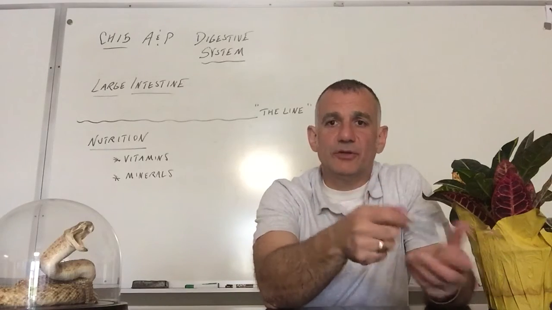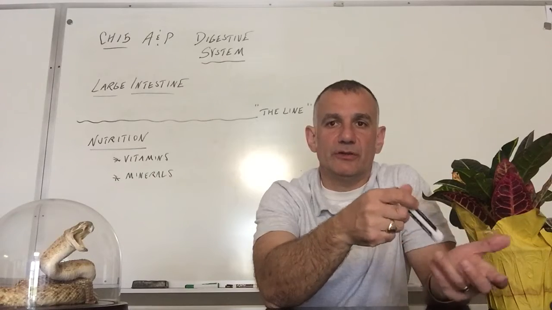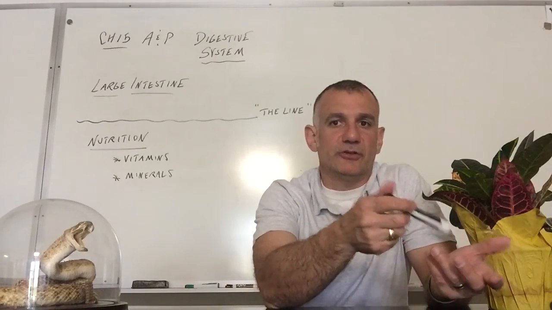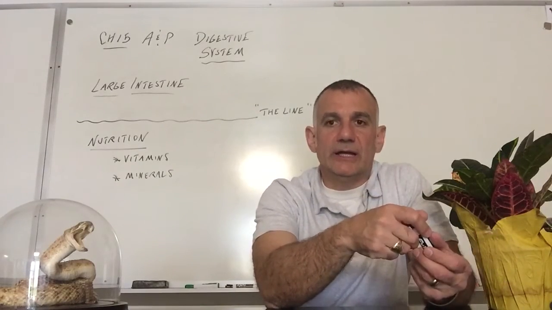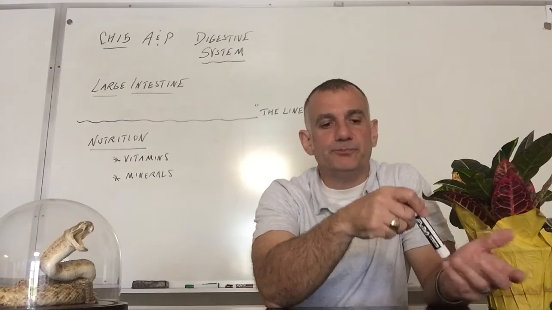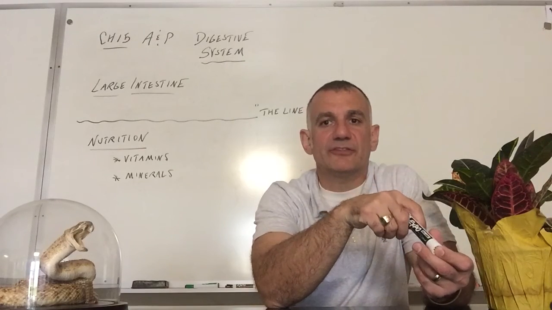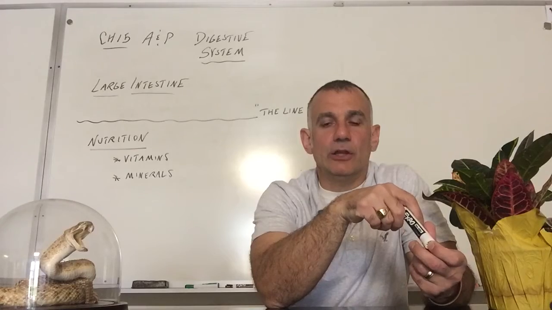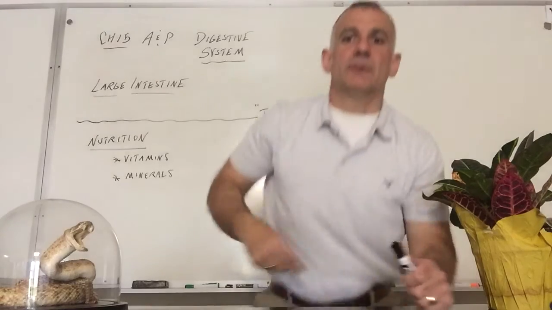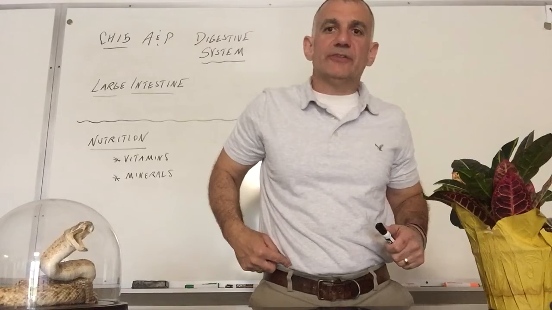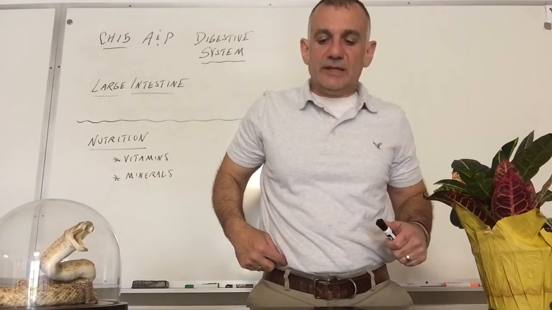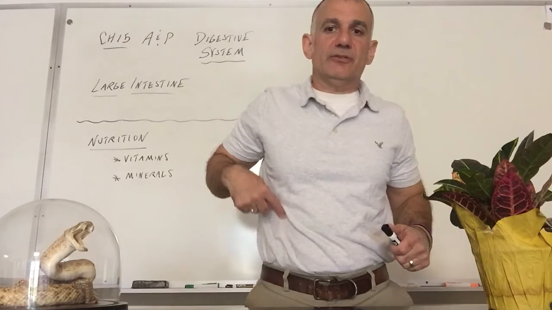Now, what's left over? What's left over is a lot of water, some dissolved salts, some solutes, and indigestible food. That's going to continue its pathway through the small intestine, and in the lower right quadrant, right down here, is where the small intestine joins the large intestine. At that point, the large intestine travels up.